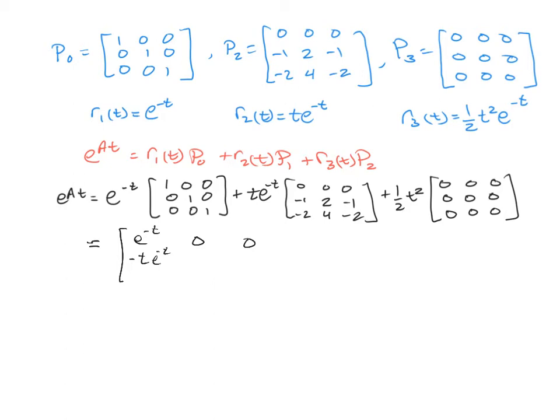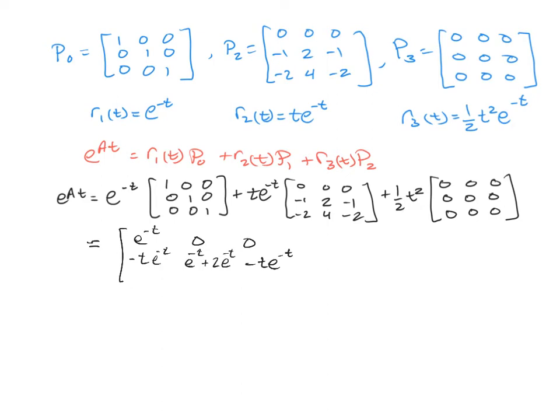And then for the middle term, we're going to pick up two terms. We're going to have an e to the negative t, and then a 2t e to the negative t. And then for the last entry, we have a 0, a negative t e to the negative t, and a 0.